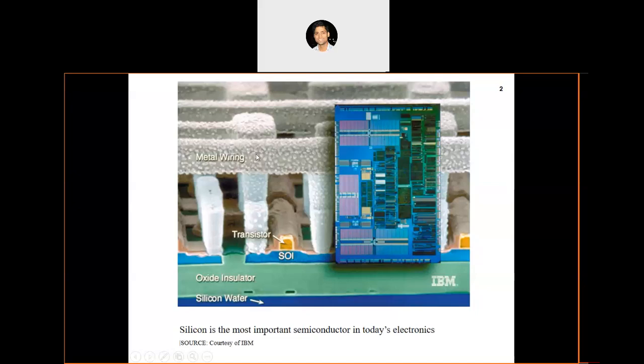There can be different layers, like three or four, sometimes even five layers of these metal wirings, to make your final device or circuit. So far we discussed the electrical properties of metal, which also plays a very important role in the performance of an electrical device. All right.